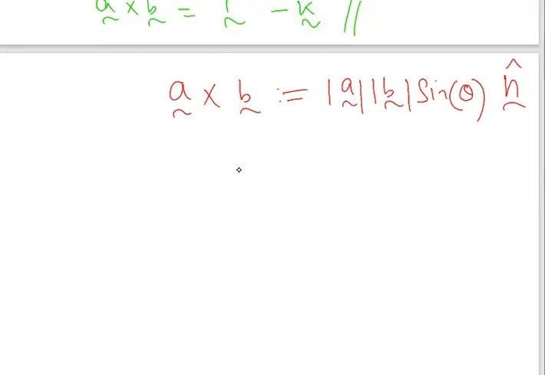Right, let's draw it up. So you have two vectors. OA represents vector A, and OB represents vector B. You can complete this parallelogram.